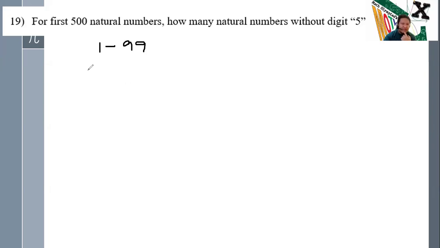We have natural numbers, starting with 1. So from 1 to 99, how many numbers have a 5? We have 5, 15, 25, 35.